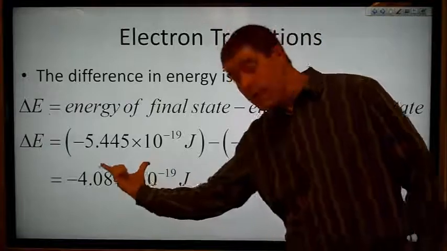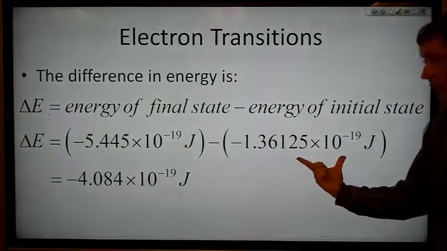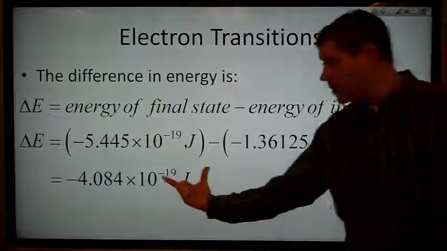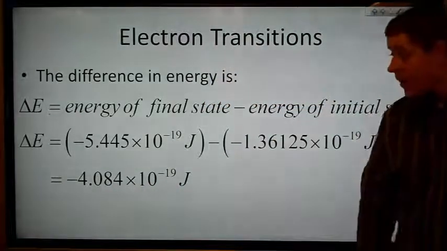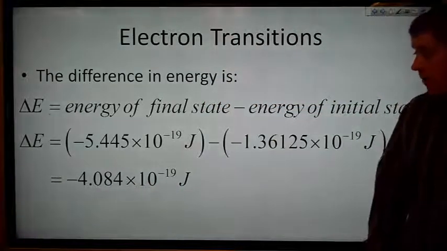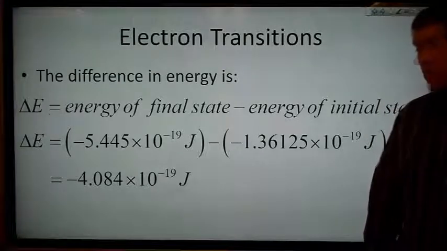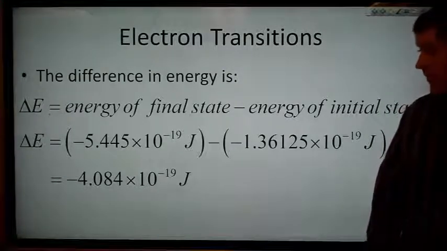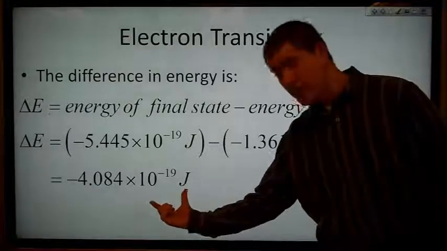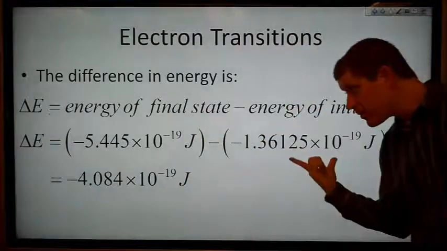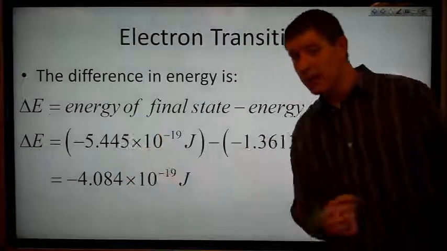So the energy of our second energy level minus the energy of our fourth energy level. And that gives us now this difference of negative 4.084 times 10 to the minus 19th joules. So that's the energy difference between the fourth energy level and the second energy level.